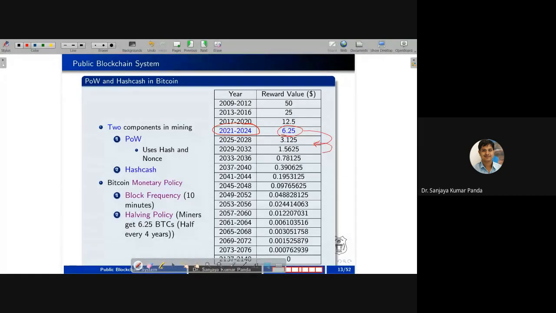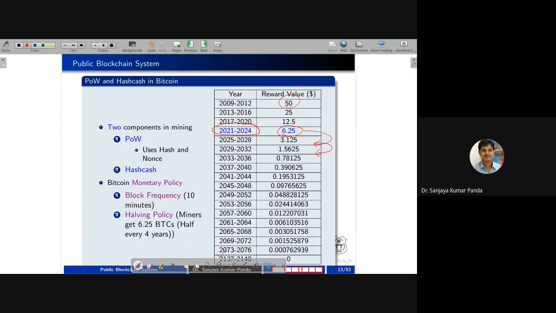That is again divided by 2 in the next block period. Like that, if you process up to 2137 to 2140, the reward value is 0, right? So in order to do faster processing, the miner has to verify that, right? So for that, you are going to reward. But if you see early days like 2009 to 2012, the reward value is 50, which is very, very high. Okay, there is some question.